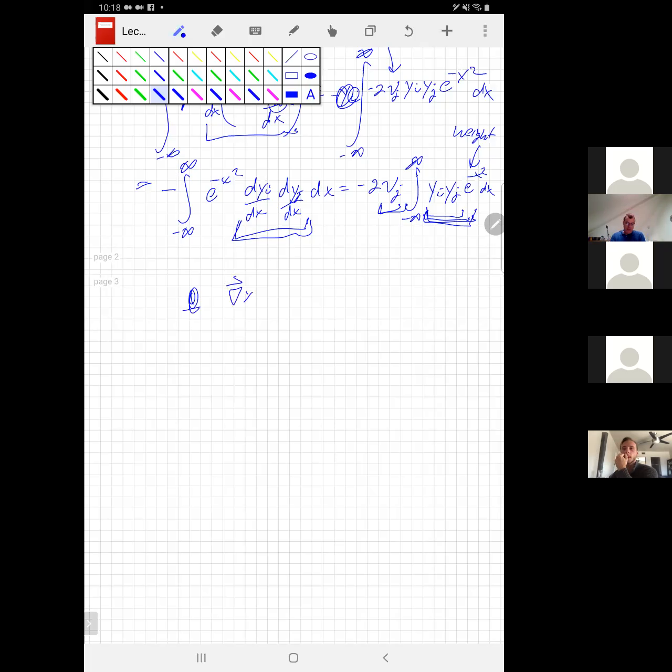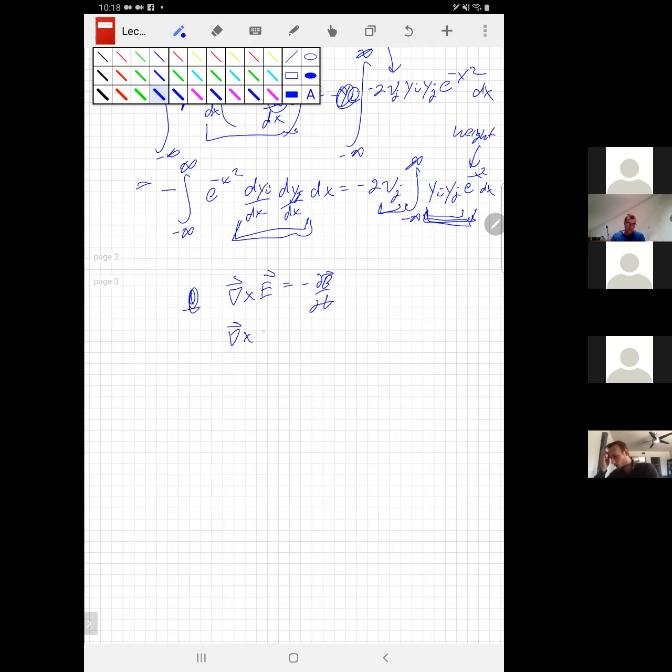Maxwell's equations. Del cross E equals minus partial B partial t. Del cross, now I have to be very, very careful with something.